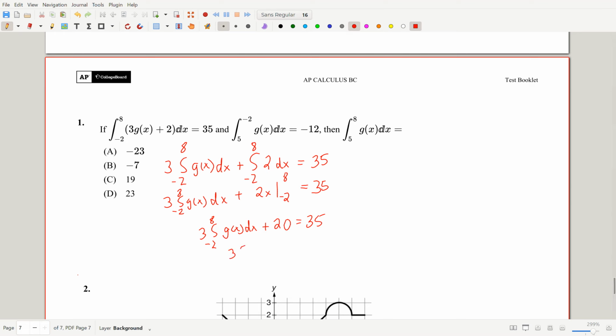So now I actually know what the integral equals. Just like 3x equals 15, I can divide both sides by 3. So my integral, which no longer has a 3 in front of it, the integral from -2 to 8 of g of x dx equals 5.